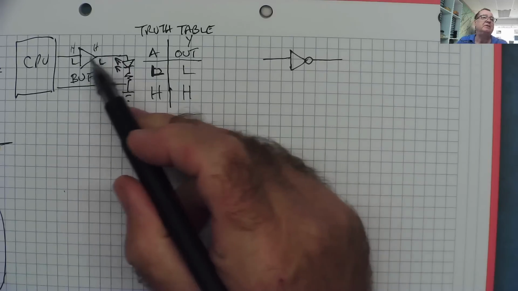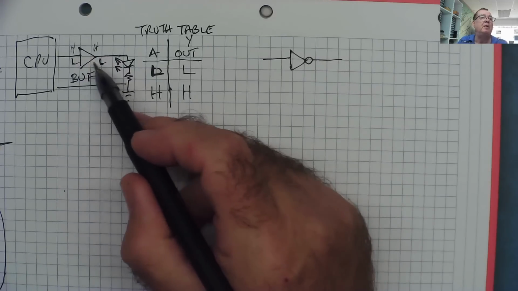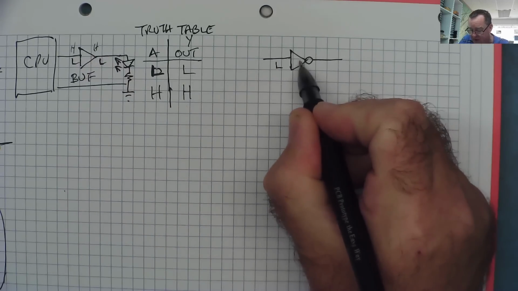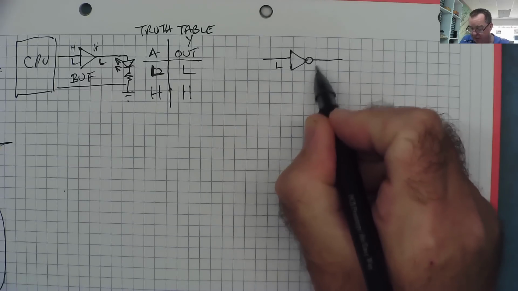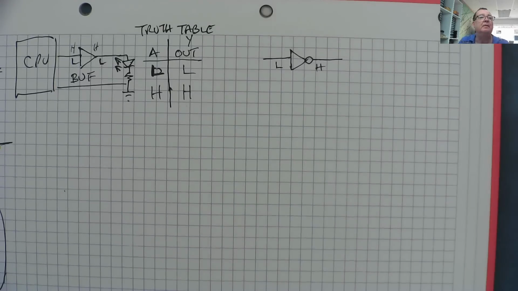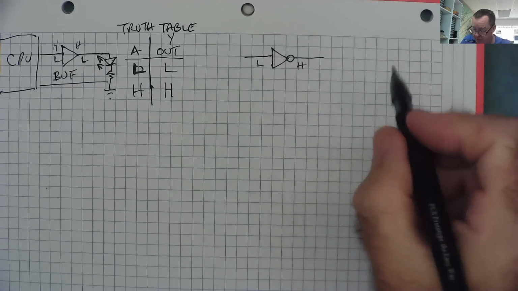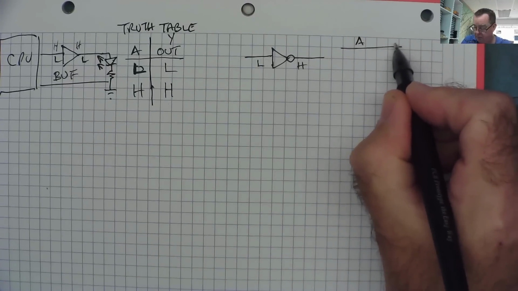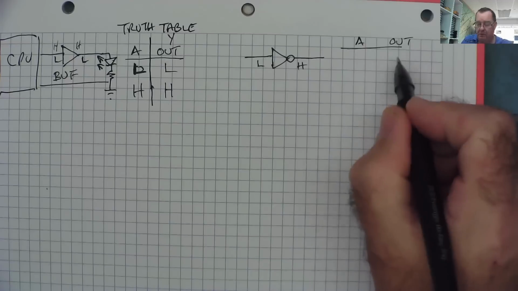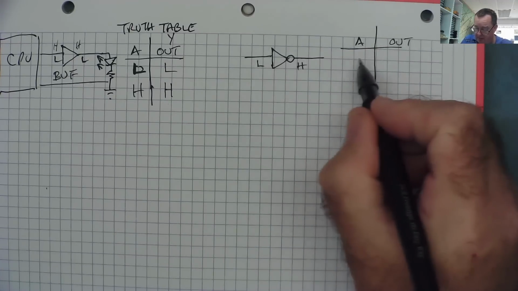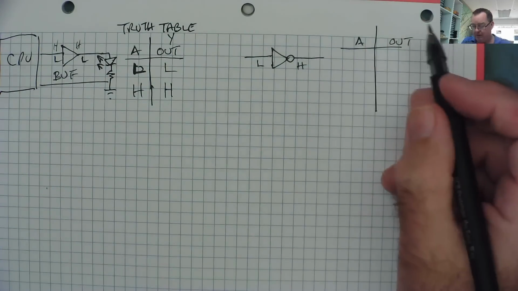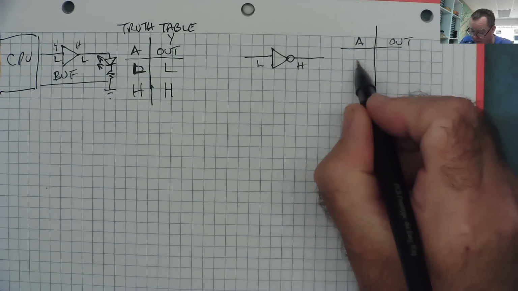So in this case, if you put a low in, you get a low out. With a NOT gate, you put a low in. Instead of getting a low out, it inverts it. You get a high. Okay? And the opposite. Truth table. Input A. Output, I'll stick with out. Input can either be low or high. There's either no volts on here or there's 5 volts on here. Nothing in between, yeah?